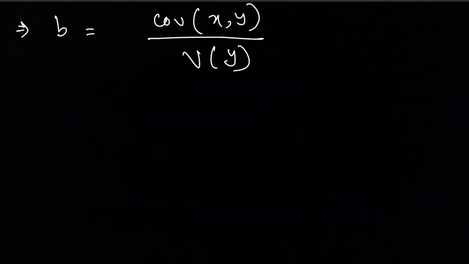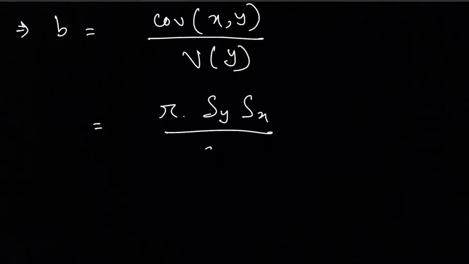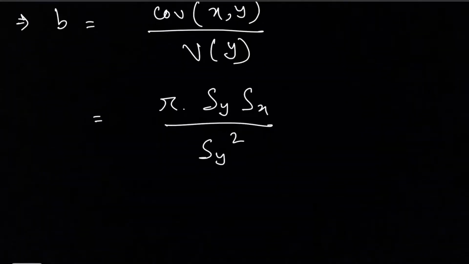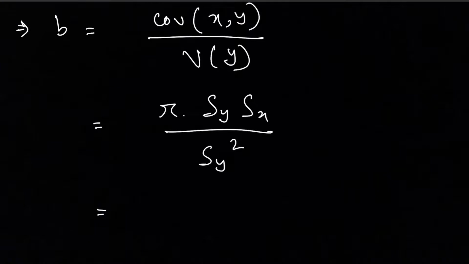This can be easily written in the form of covariance of xy as r times sy sx, and variance of y as sy square, which is nothing but r times sx by sy, and this is also known as b of xy.